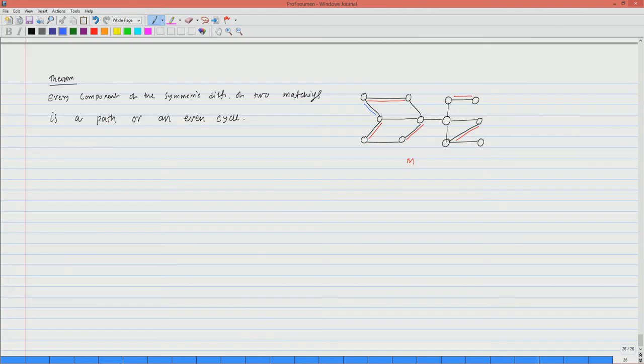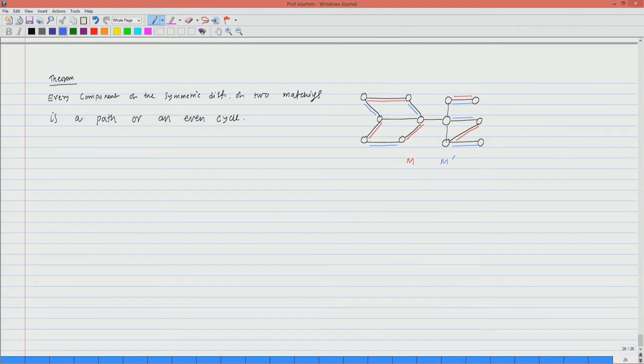So, this is part of the other matching M prime. Note that they satisfy the property of a matching. This is M prime. Okay. So, M prime is the blue color matching.